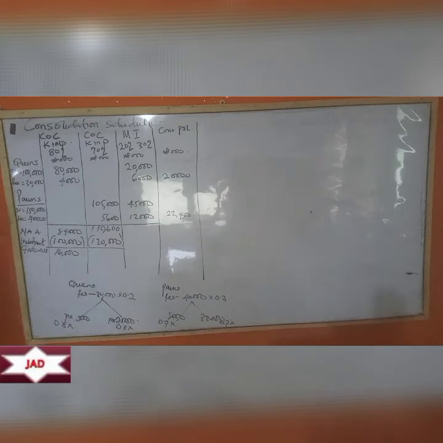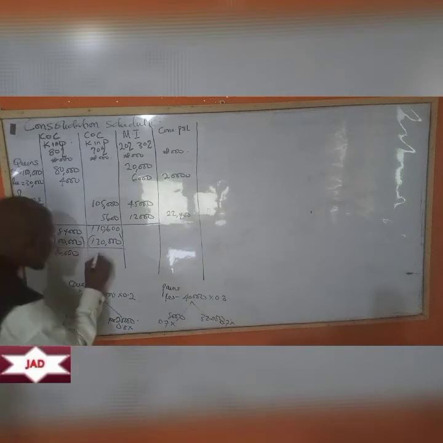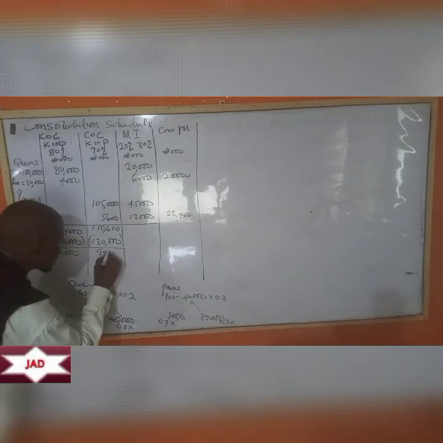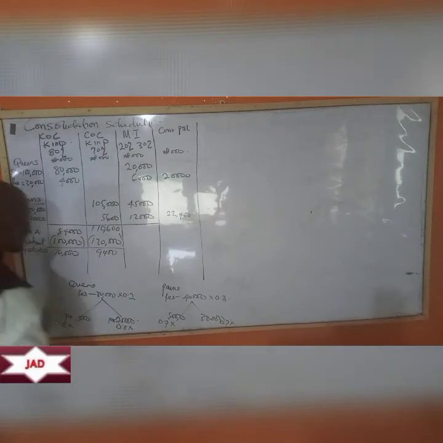What about this? We have 120,000 minus 110,600. 9,400. Right?